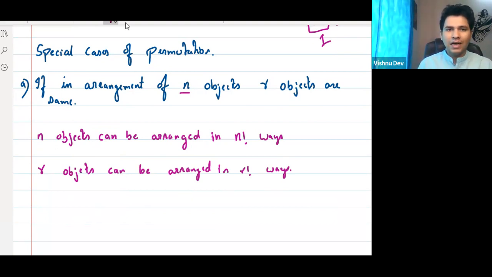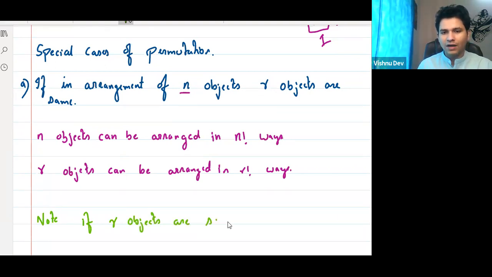So I would write a note: if r objects are same, then tell me what is the number of arrangements? Sir, n factorial divided by n minus r.